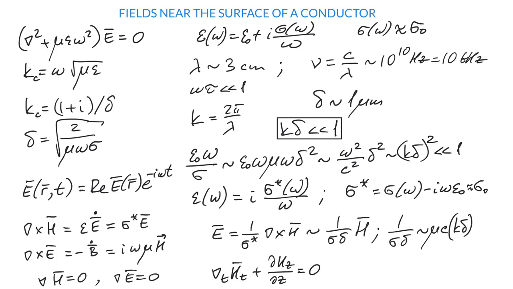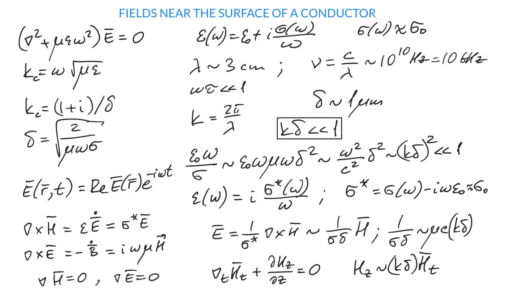So we find that Hz now is of order k delta times H transverse. So the normal component of the magnetic field is also small by parameter k delta with respect to the transverse field.